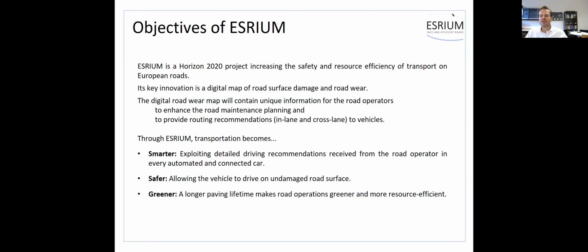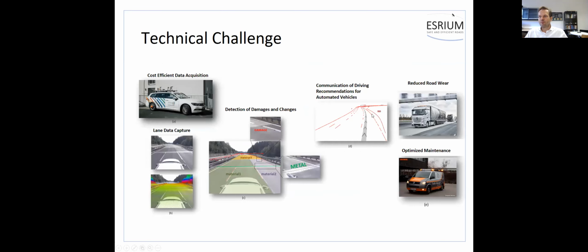And in distributing this information, we will follow two use cases. On the one hand, we want to distribute this information to automated vehicles. We want to feed it back to them so that they can use it to make their mobility safer in the end. But they can also distribute their road wear better along the lanes, so that, for example, you can reduce the overall wear of the lanes and then increase the lifetime of the road surface.